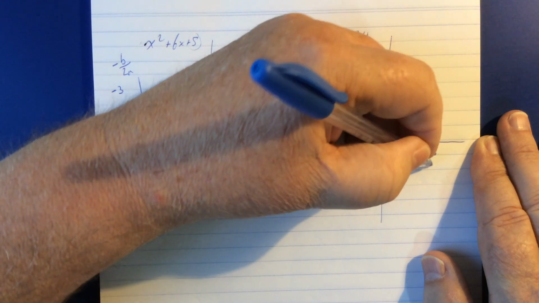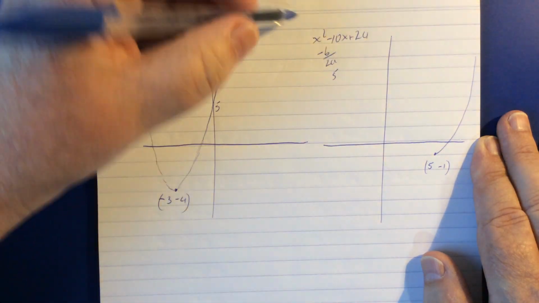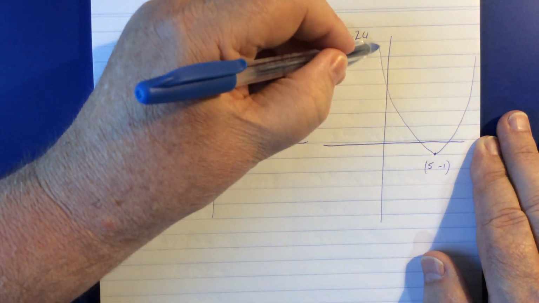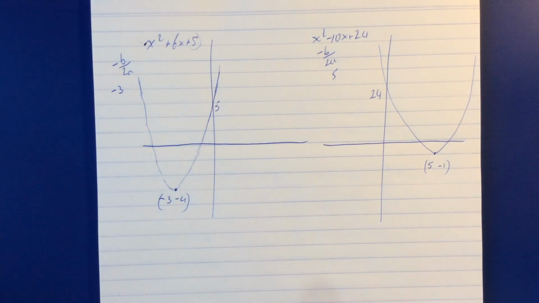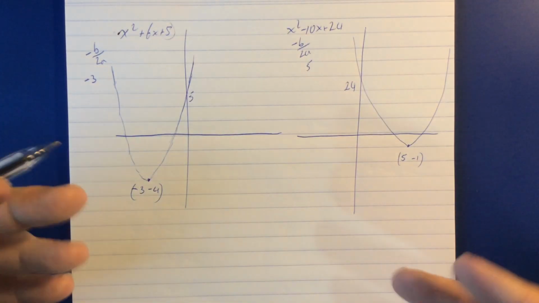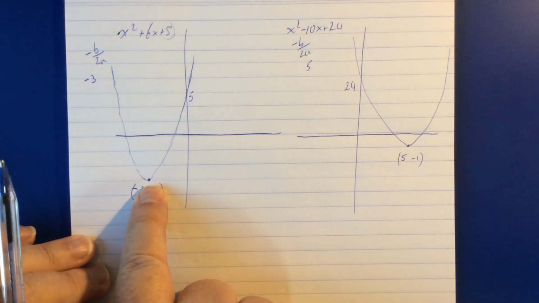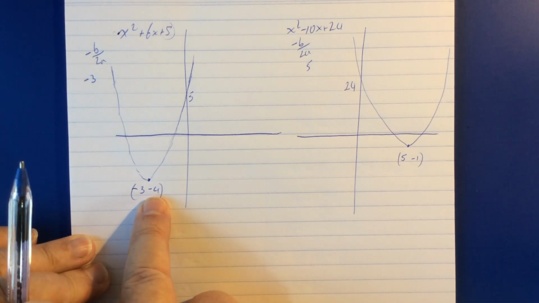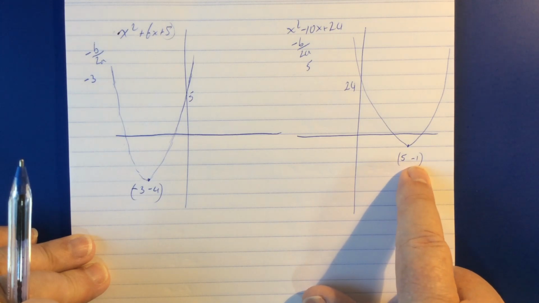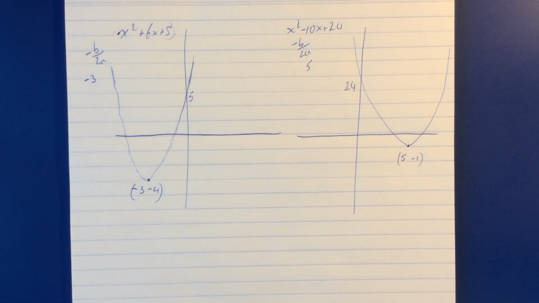So this thing is 5, negative 1, and it heads up like that, and we know that its y-intercept, this is wildly out of scale, is 24. So, if we draw this out like this, we can also surmise what has happened here. We've moved from negative 3, negative 4 to positive 5, negative 1, and you can do the maths for that.